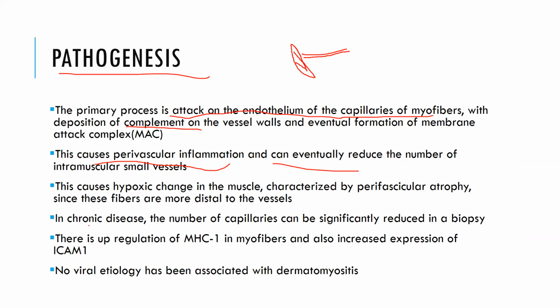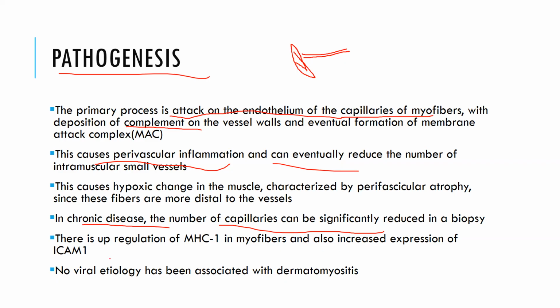This is a chronic disease, and the number of capillaries can be significantly reduced when you take a biopsy. You see that the blood supply to the muscle has been significantly affected. And when you do molecular studies, you find usually an upregulation of MHC class 1 on the myofibers and increased expression of ICAM.